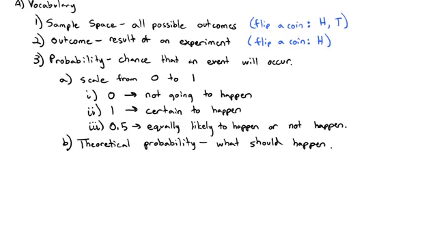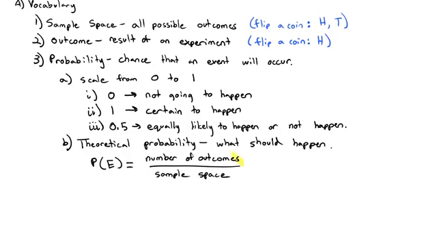And the way we calculate a theoretical probability is we say that the probability of some event E is equal to the number of outcomes that we are looking for divided by the entire sample space, or how many things could occur. That's our basic probability formula.